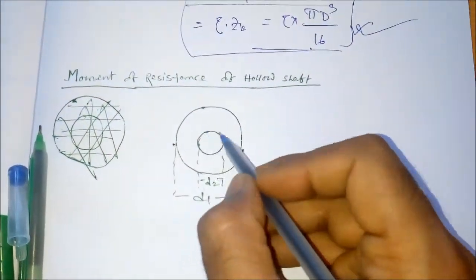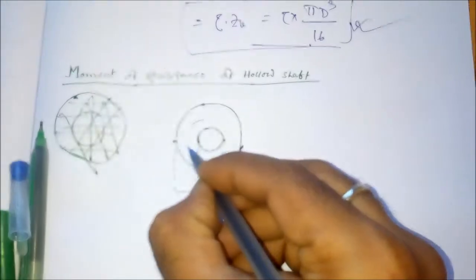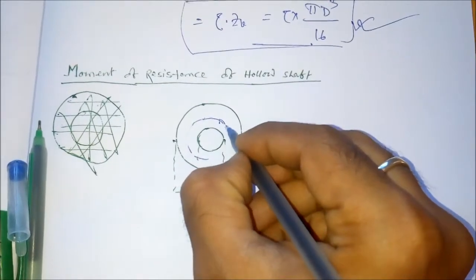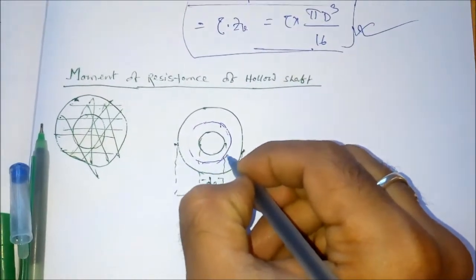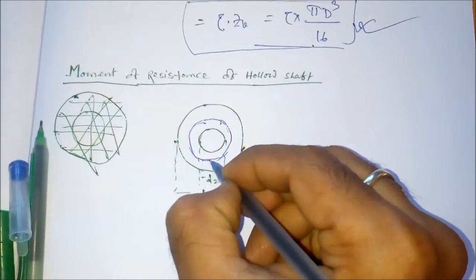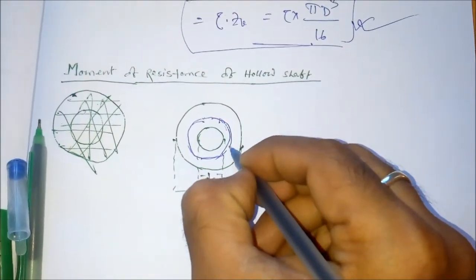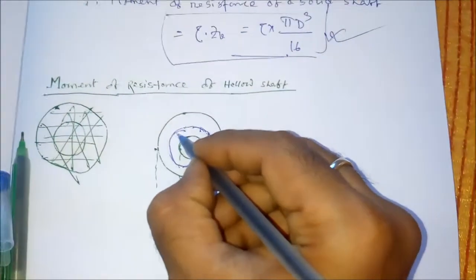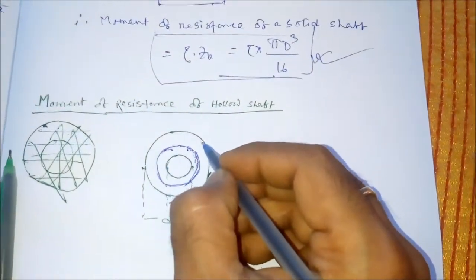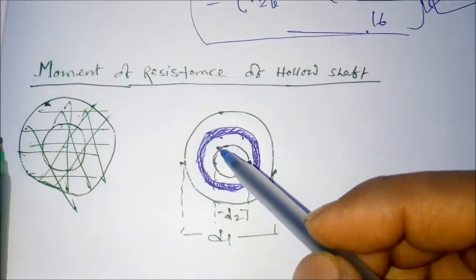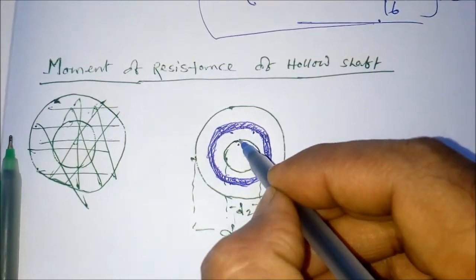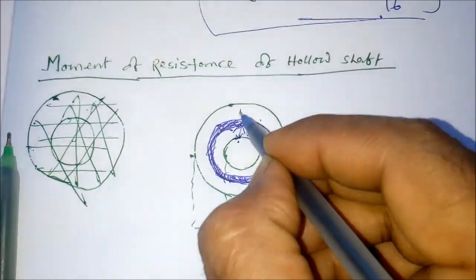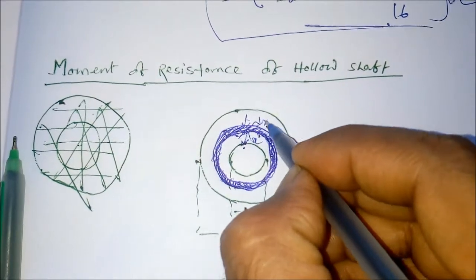Like the previous one, we will assume an elemental area at x distance apart from the center, with thickness dx.